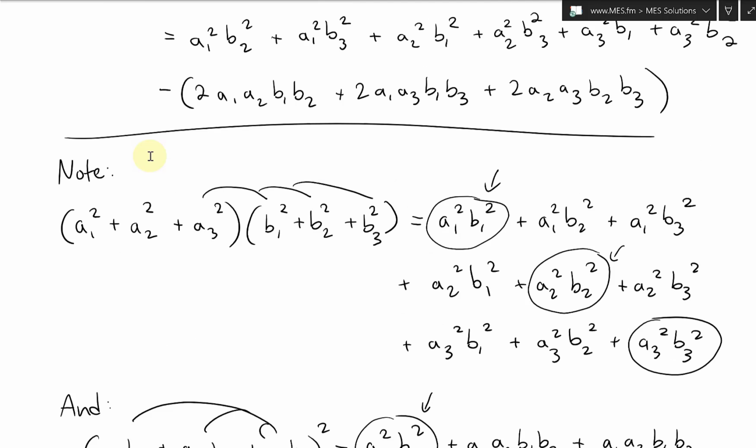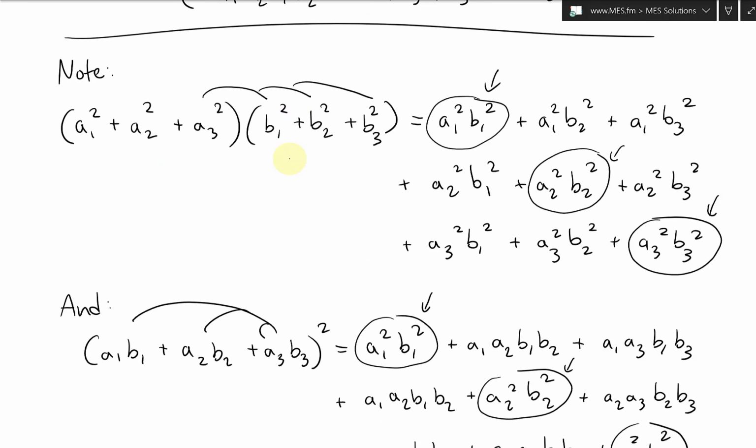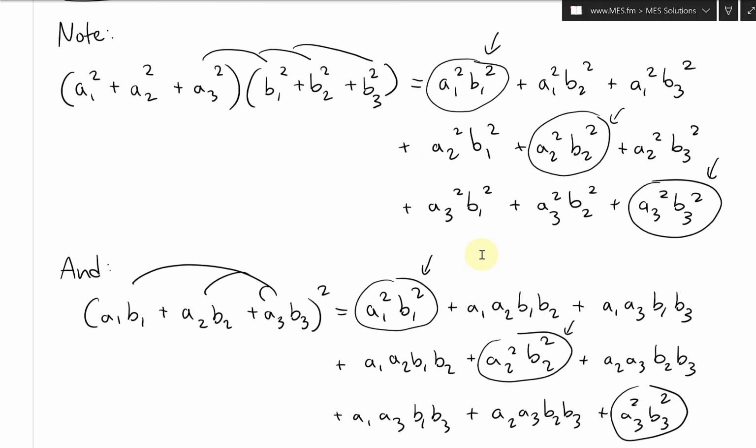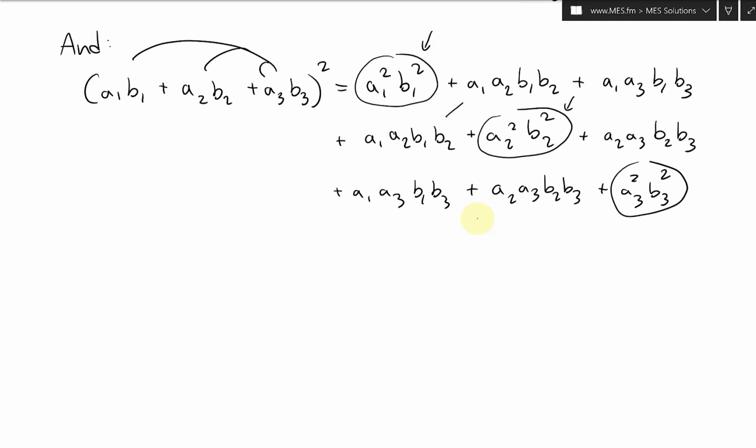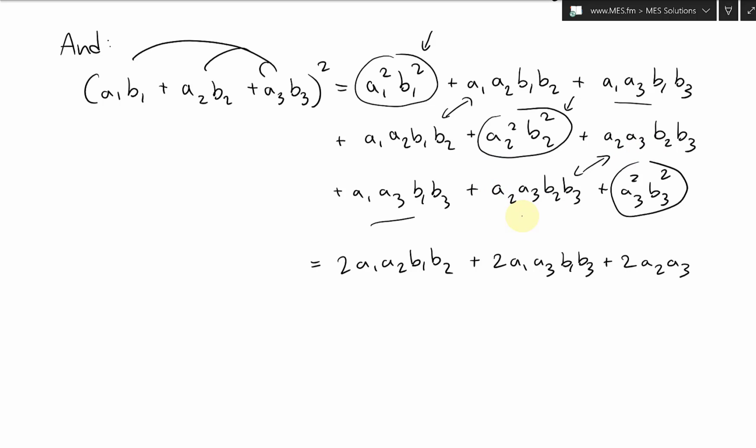So this is not anywhere inside here, but it shows up here. In other words, all these terms are inside here except these ones, and these ones actually can cancel. But let's just add these up. This adds up with this, and this with this. So this equals 2 A1, A2, B1, B2, plus this one right here, 2 A1, A3, B1, B3, plus 2, and then this right here, A2, A3, B2, B3.